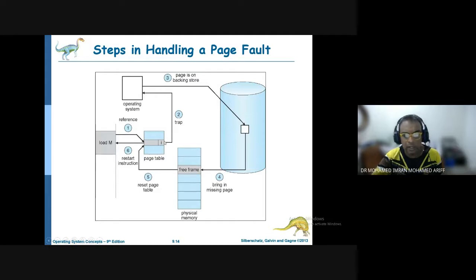Now the question arises. From here, where is it going to put this? Can it put here, here, here, here, here, or here? So obviously, it will go to any location that is empty. But there is always a question: should it put it at the top, bottom, or middle, anywhere?